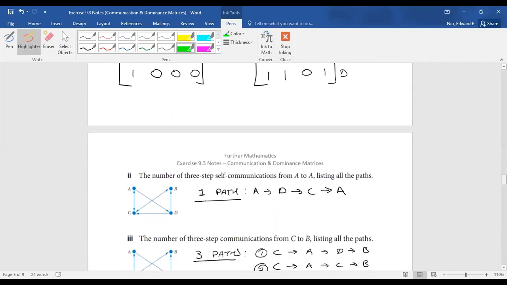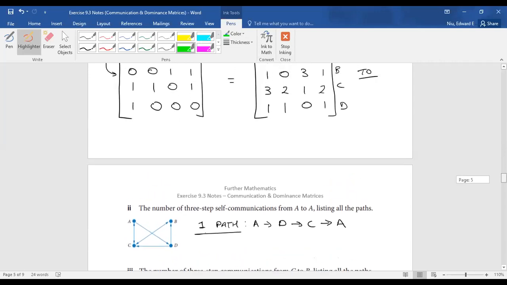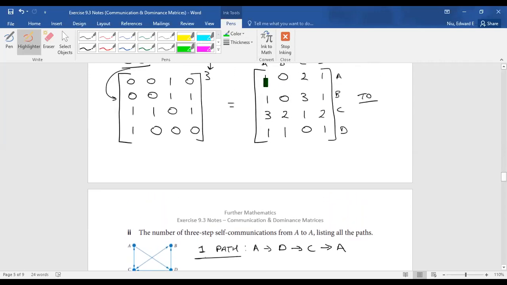So the question in double I says the number of 3-step self-communications from A to A. Well, if we go back to our matrix up top, starting from A back to A, there's one path. That's how we got the one path. Which path is it?